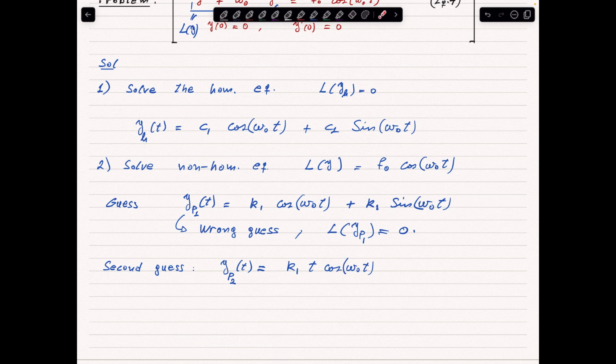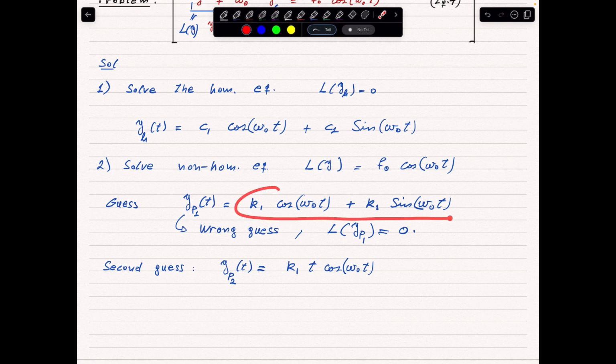This function with t is going to mix sines and cosines. It's going to create some non-trivial terms. So actually this is going to be the wrong guess, and what we need to do is multiply by t the guess that contains k1, oh sorry, and k2.